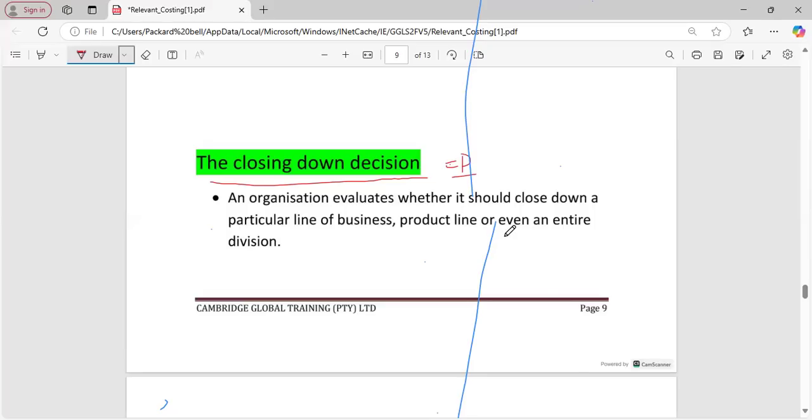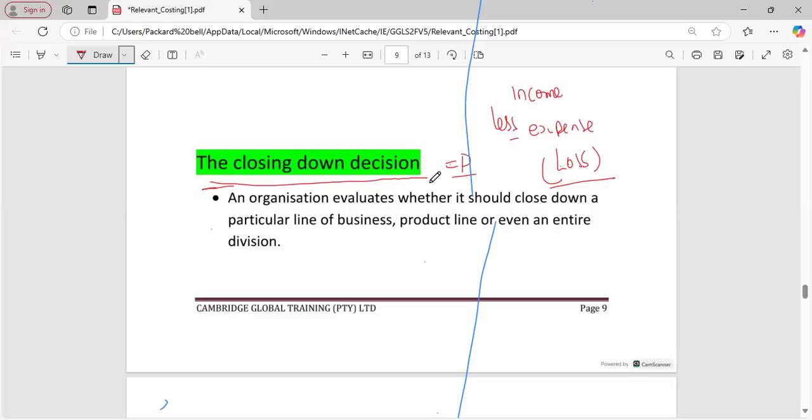So if they ask you to evaluate whether they should close down, it means you need the relevant income less relevant expense. If there is going to be a loss, then it means these people can close down.